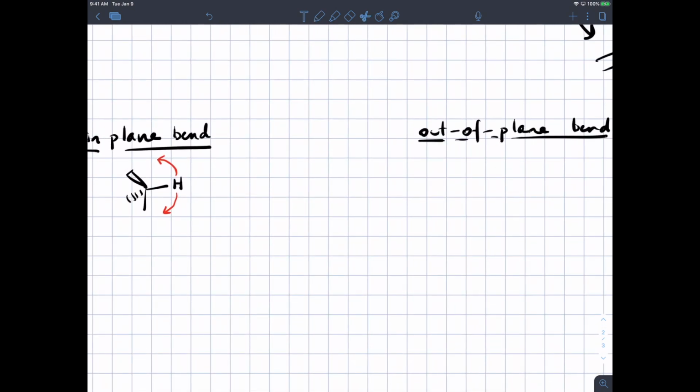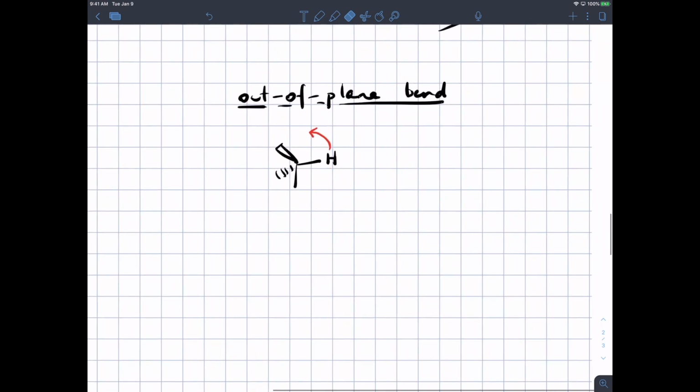However, there is an equal in energy bend that can occur out of the plane, and this is hard to draw. This is where the hydrogen comes out at you, so we're going to draw a wedge kind of arrow, and then the hydrogen goes back into the page, so we're going to draw a dash kind of arrow. Front, then back.